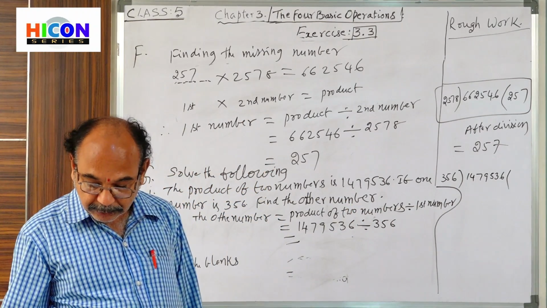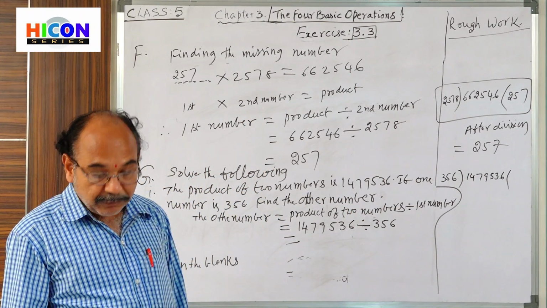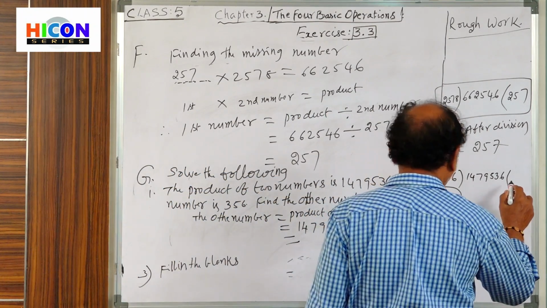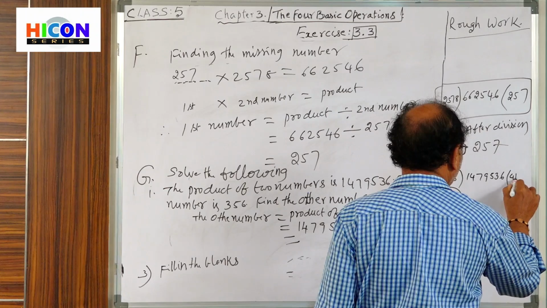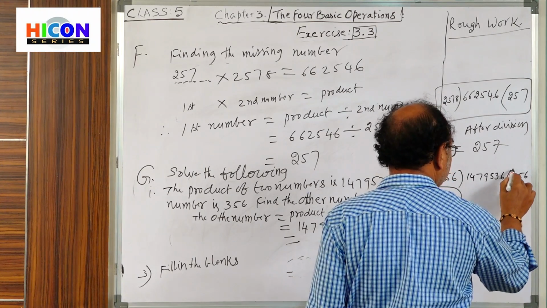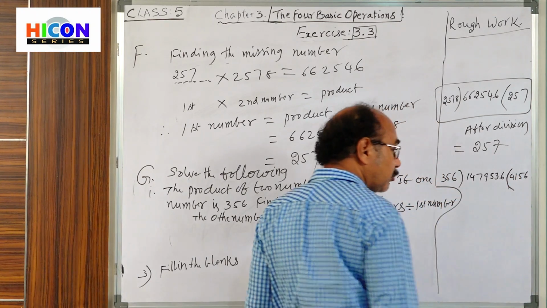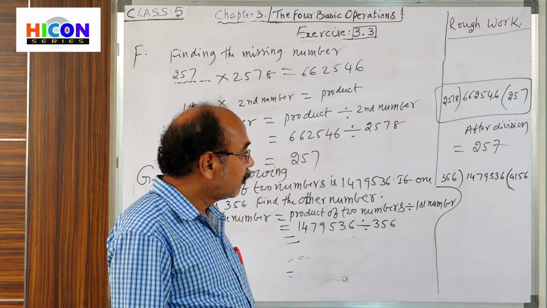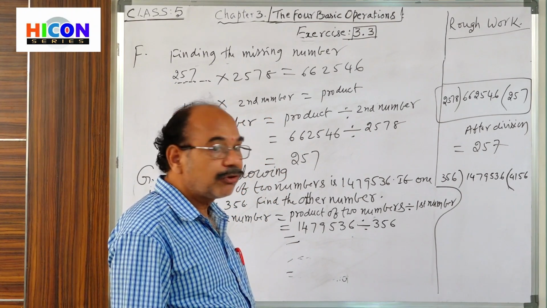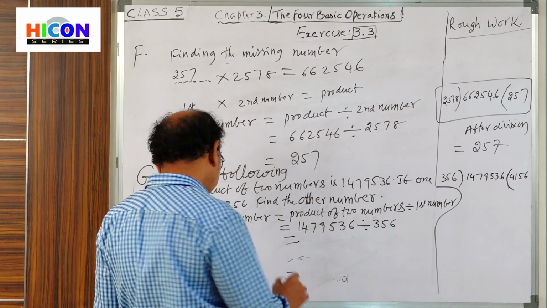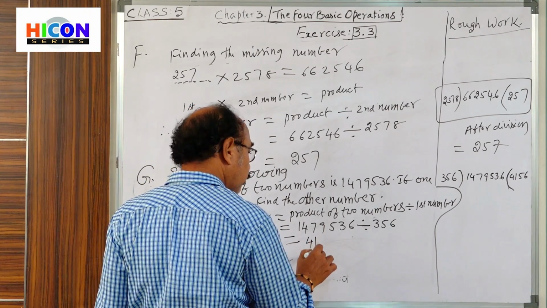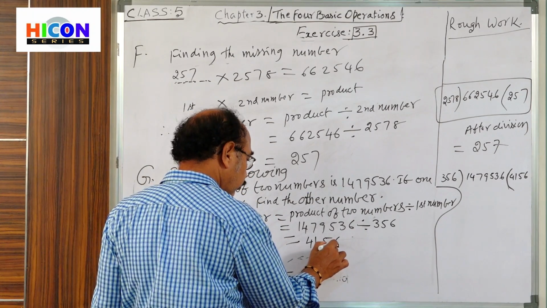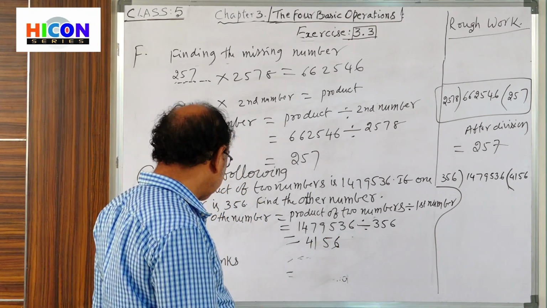After division, what is the quotient you get? 4156. In the rough margin, we show the division. After division, how much will we get? 4156. So therefore, the other number is 4156. This is the other number.